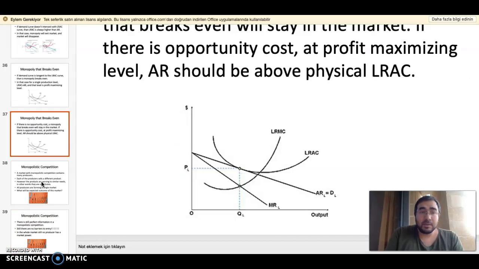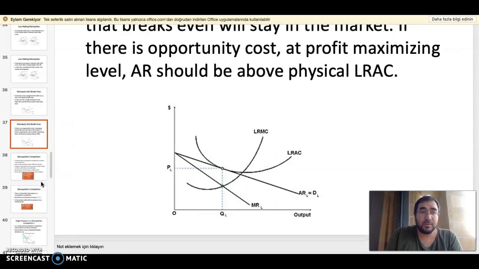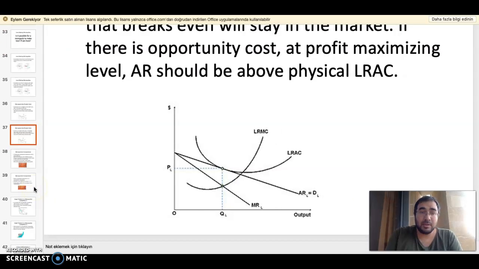So what are the implications of the monopoly market? Let's talk about that a little bit. For our monopoly, if it is just breaking even, then it is not earning any positive profits anyway.